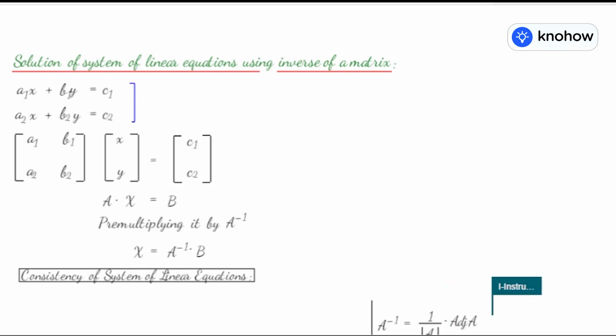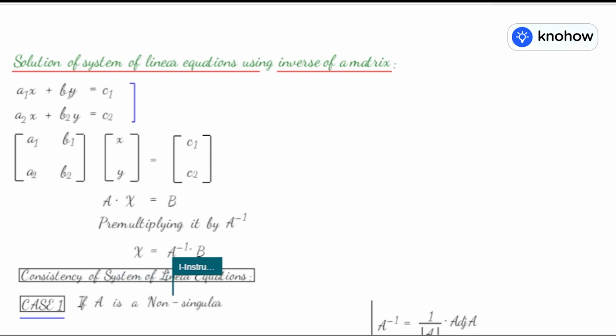Now case 1, if A is a non-singular matrix. What do you mean by a non-singular matrix? That if determinant A is not equal to 0, then A inverse will exist.